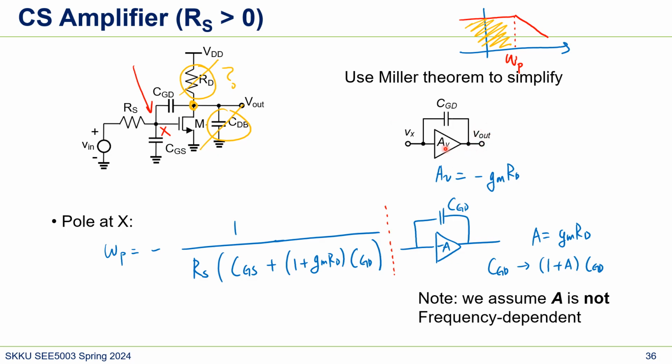We're assuming that this amplifier controls this node voltage. So no matter what's connected here, the amplifier is just ignoring it, because the amplifier has enough power to change this voltage regardless of this. That's why we're not considering RD and CDB.